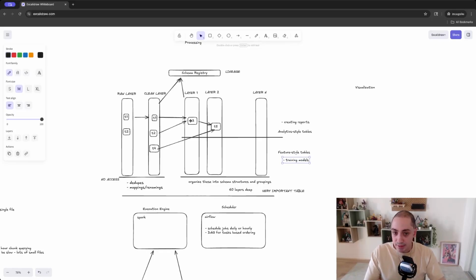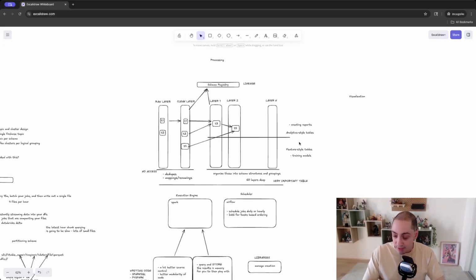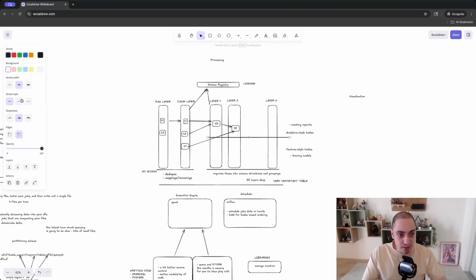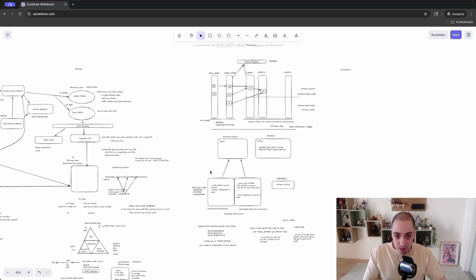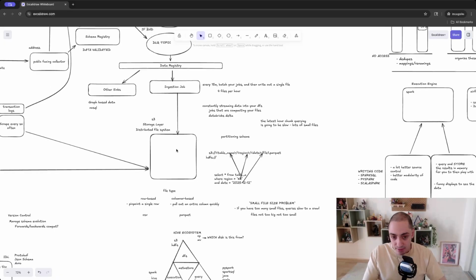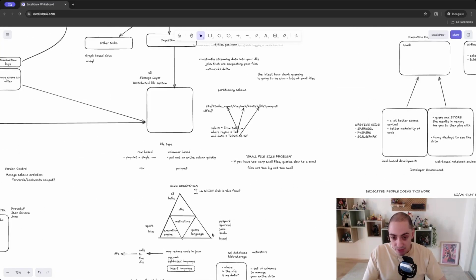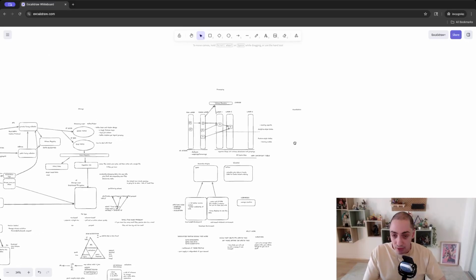There are companies in this space that deal with a lot of this stuff. That's the short and sweet of this. And so that's all happening essentially in your distributed file system, remember. And then we talked about execution, metastore, and query language. And so that's kind of everything here.